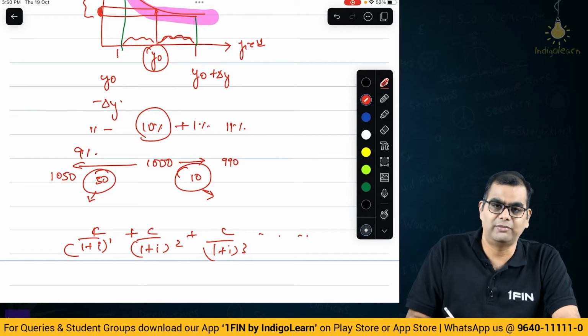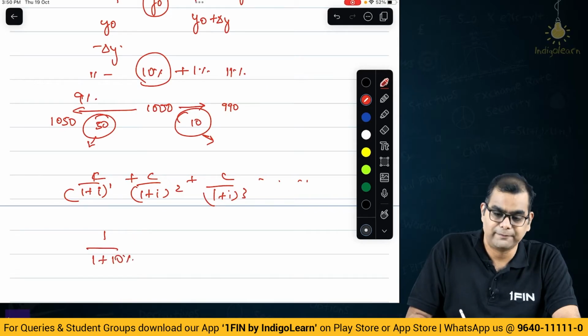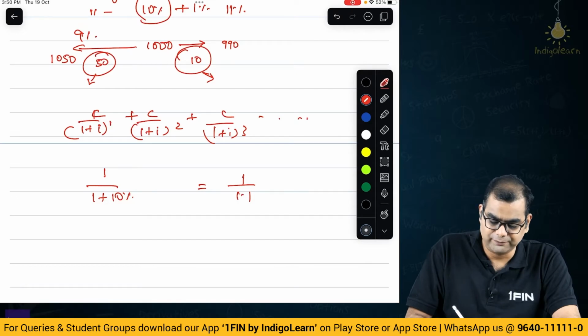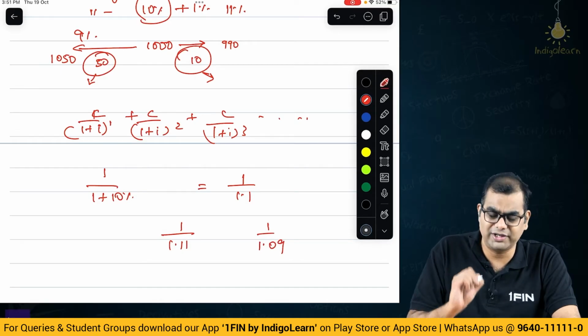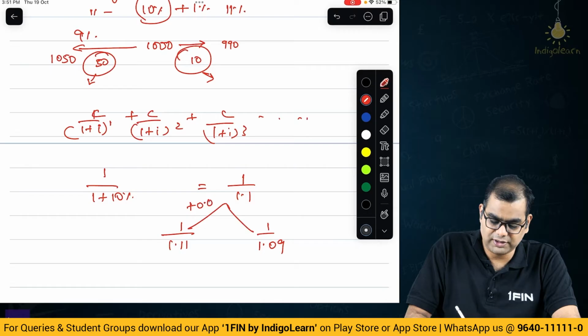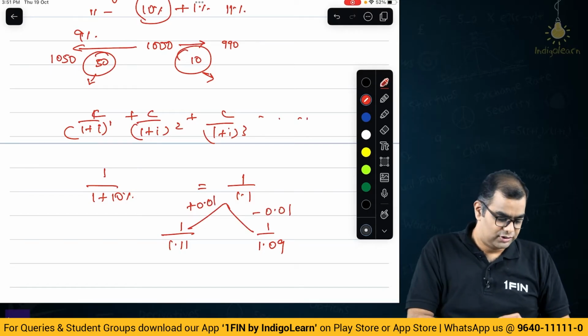In the present value formula, let's say you compute 1 by 1.11 versus 1 by 1.09. You are adding the same 0.01 on either side, plus 0.01 and minus 0.01. So what is the value? 1 by 1.1 is how much?